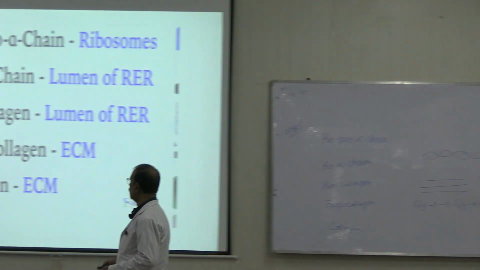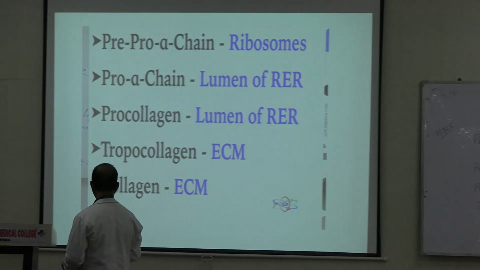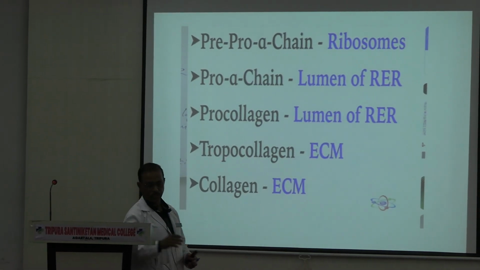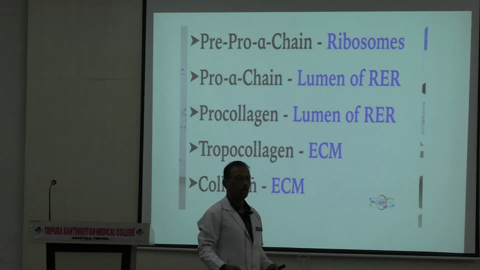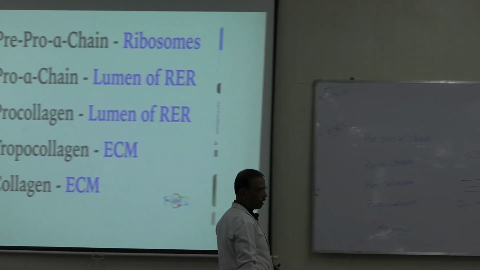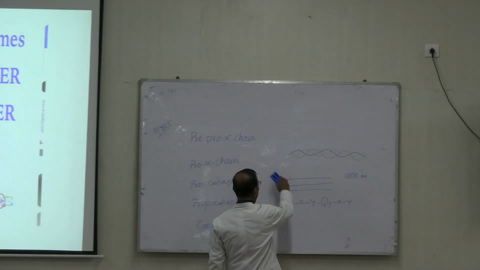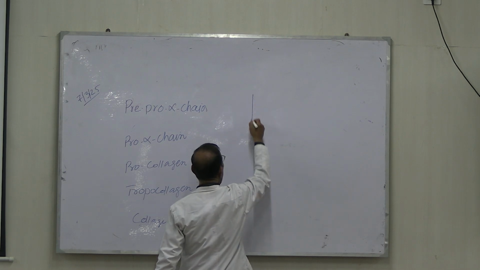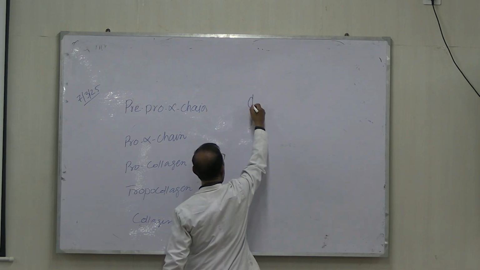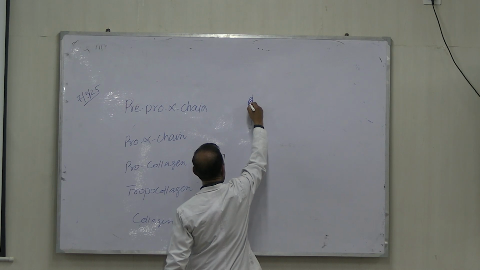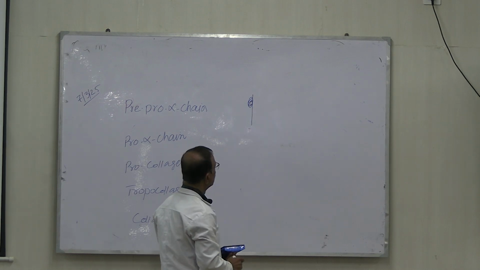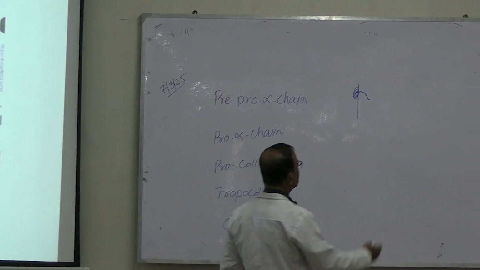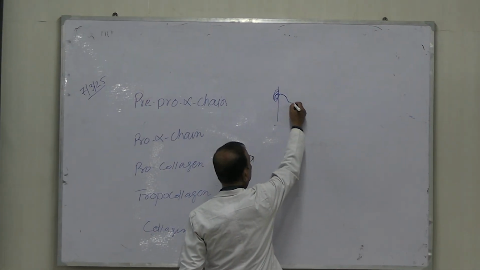Now, this pre-pro-collagen is synthesized in the rough endoplasmic reticulum. Suppose this is a rough endoplasmic reticulum, here is the ribosome. So, in the ribosome, this polypeptide alpha chain is synthesized.